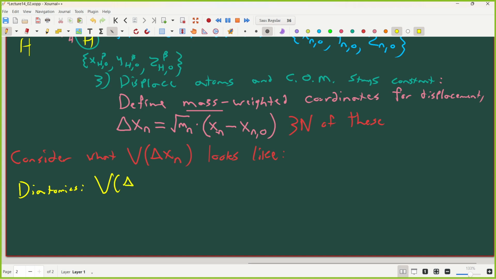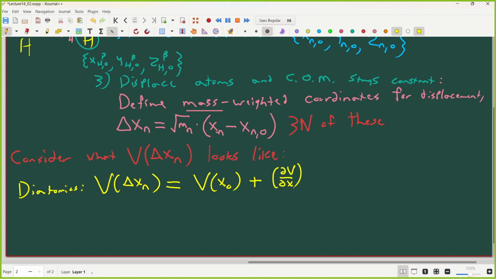So for diatomics, V of delta x n looks like the potential at the minimum plus, remember, the linear part. We're just doing a Taylor approximation. We calculate the slope of the curve at the equilibrium point and multiply it by a linear function in x. Let me change this to delta x.